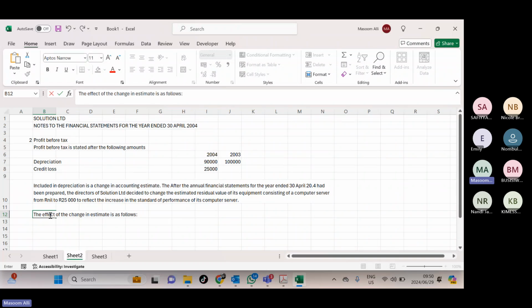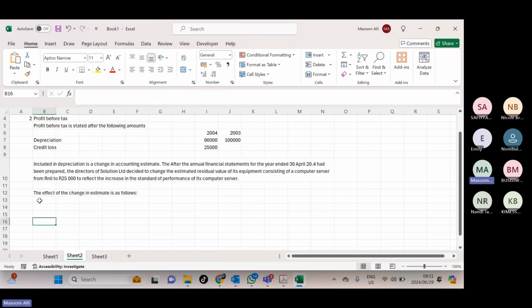So remember, there will be a decrease in the amount of depreciation for the current year of 10,000 rand.